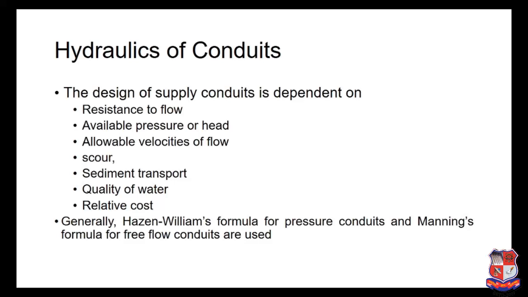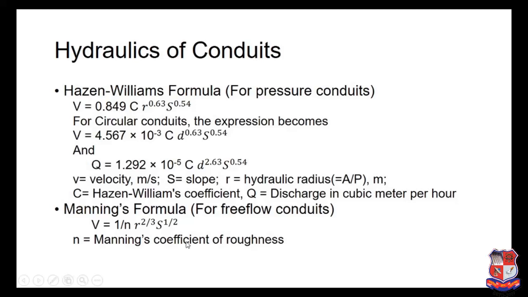Next one is the quality of water. What kind of water are we supplying: raw water, treated water, or sewage. And then relative cost. Generally, we use the Hazen-Williams formula for pressure conduits and Manning's formula for free flow conduits. Right.